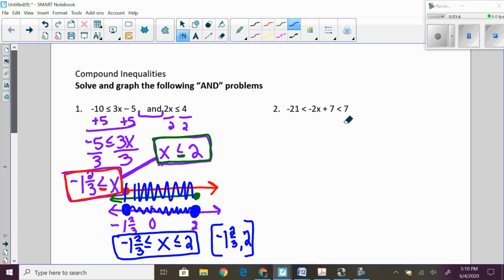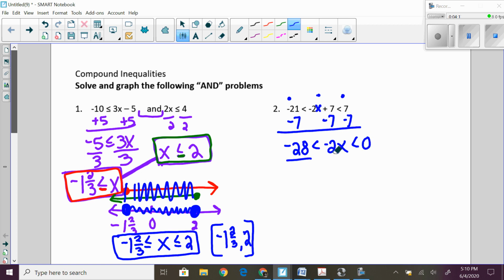Okay? All right, the next way we can do this is if we have everything in one big inequality here. So what we have to do, kind of like how we balance an equation, where we balance the left and the right, well now we have to balance the left, the right, and the middle. So we need to isolate our x. So we're going to subtract 7 from the middle term, which means we're also subtracting 7 from the left and subtracting 7 from the right. We get negative 28 is less than negative 2x, which is less than 0.